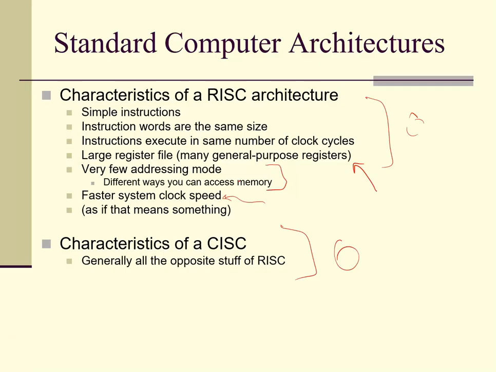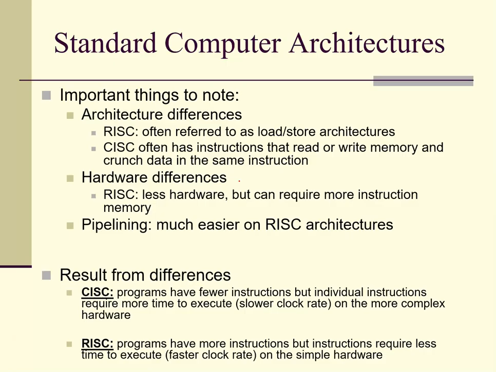Generally speaking, in a RISC architecture the hardware is really simple and the instructions are really simple. The hardware is simple because the instructions are simple, and the programs have a lot of instructions, but those instructions execute pretty quickly.